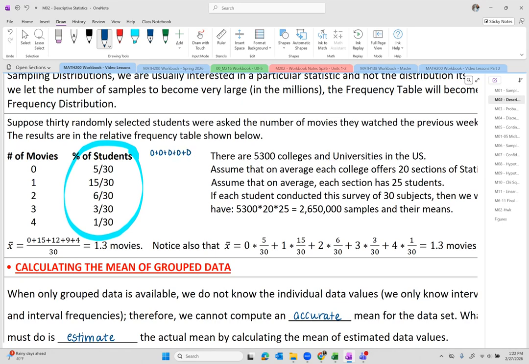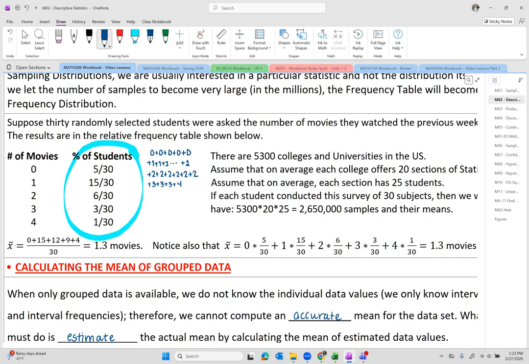And then 15 said that they saw 1 movie. So I will add 1 plus 1 plus 1, 15 times. And then 6 said that they saw 2 movies. And 3 said that they saw 3 movies, and 1 said that they saw 4 movies.